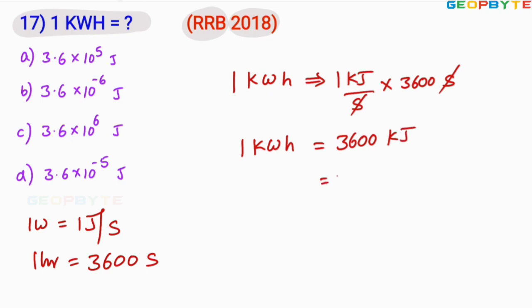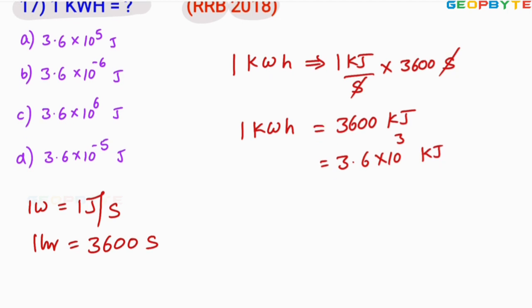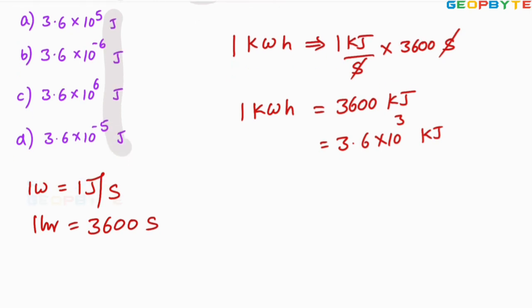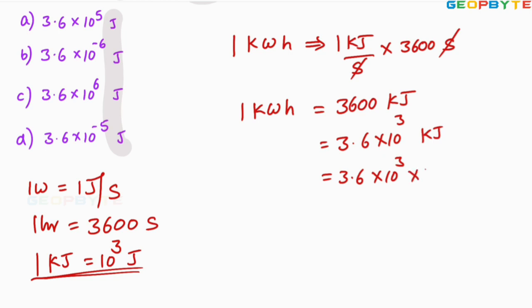It can also be written as 3.6 into 10 power 3 kilojoule. But look at the options. All options are given in joules. Therefore, 1 kilojoule equal to 10 power 3 joules. It is equal to 3.6 into 10 power 3 into 10 power 3 to write in joules.